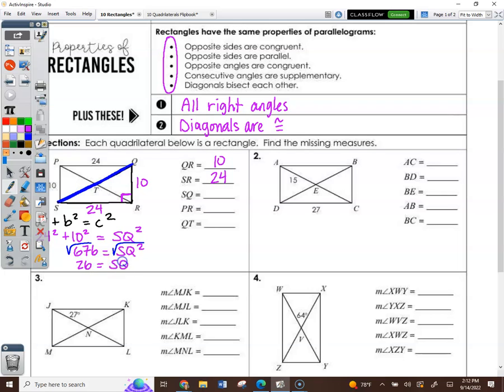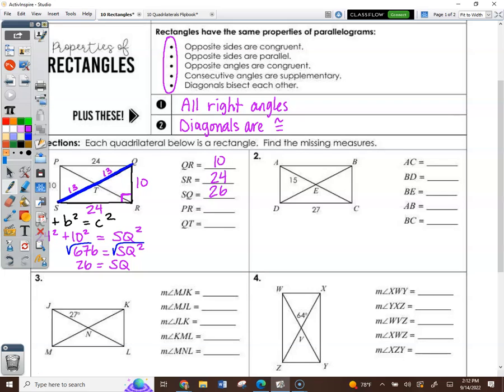26. Now here's where I would be careful. You now know SQ is 26. If the whole thing is 26, then what's each piece? 13. Thank you. And I would label that because it helps you with the rest of the questions.